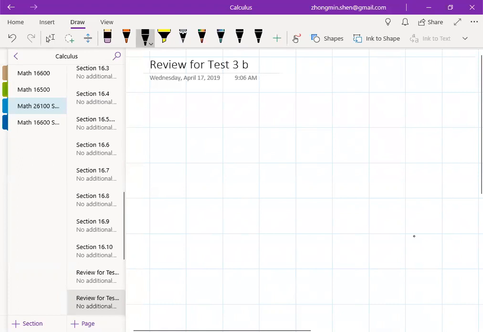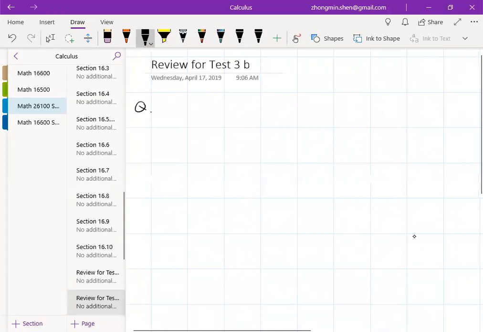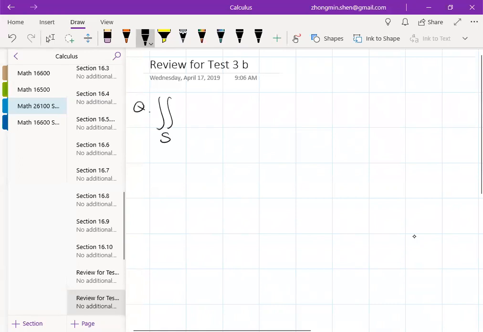The first one I want to take a look at is from the summary. We have the surface integral of x squared z plus y squared z. This is the integral of a function over the surface. The function is defined in three-dimensional space, so x squared z plus y squared z is the value of the function at the point x, y, z.